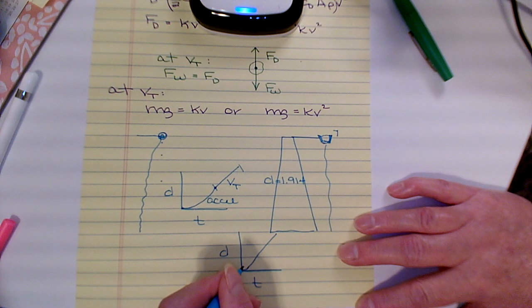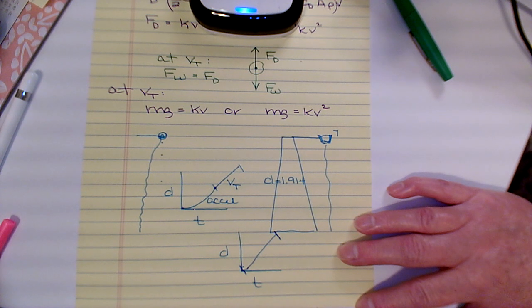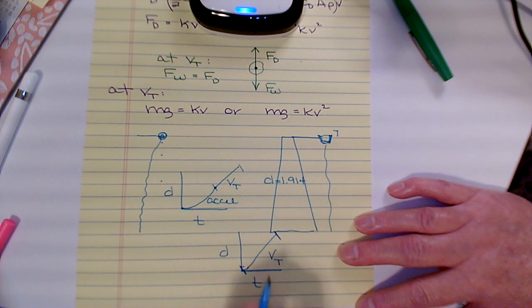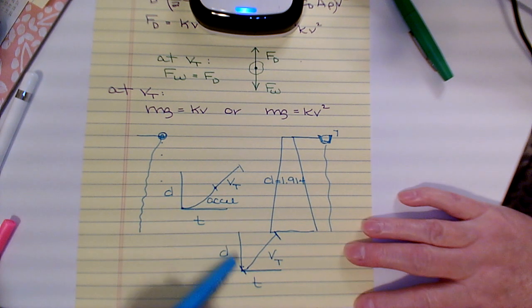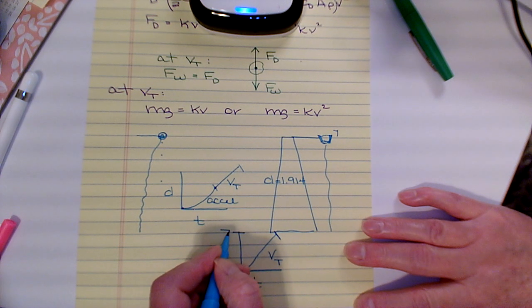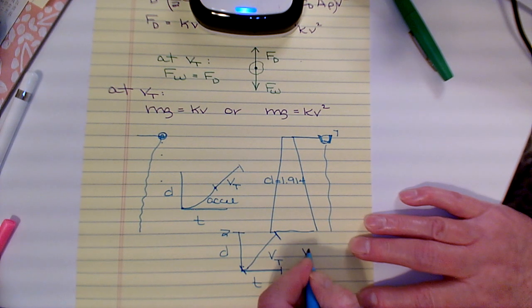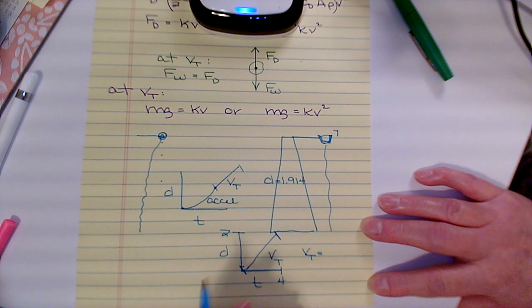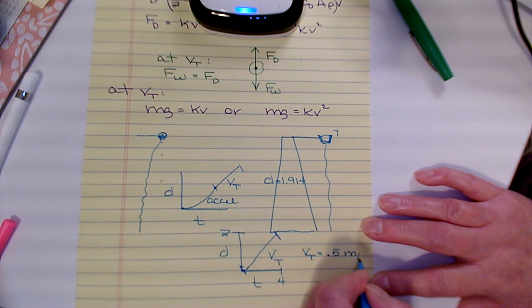So for this graph, we're going to make an assumption that, for all practical purposes, as soon as I let go of those coffee filters, they reached terminal velocity. Because I don't have this little acceleration piece in here, I can just say, I'll make up easy numbers, if my ladder was 2 meters tall and it took 4 seconds to reach the ground, then my terminal velocity is 2 over 4, or 0.5 meters per second.